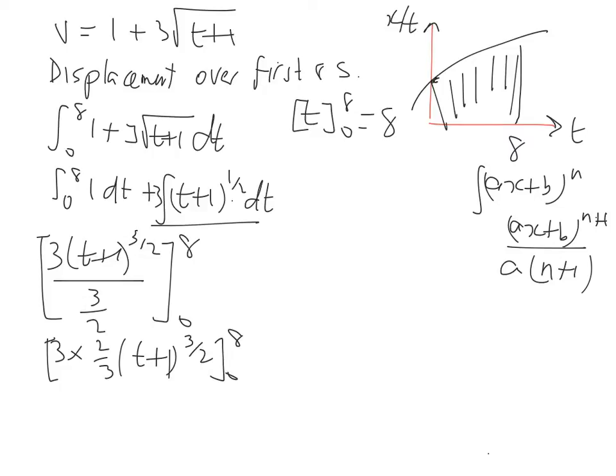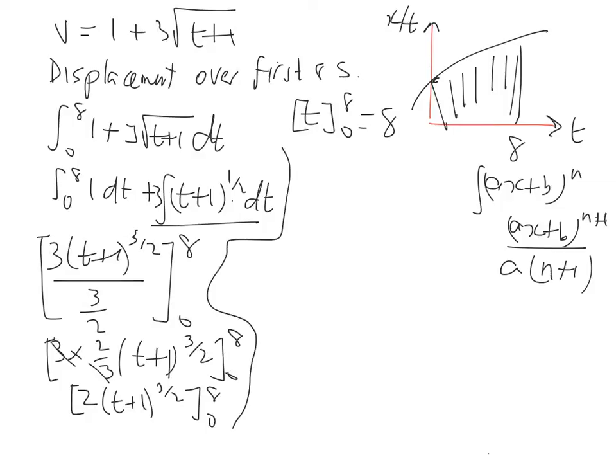So from here, the 3's will cancel, so you've got 2 times t plus 1 to the power 3 over 2, between 8 and 0. I'm going to continue this just here, running out of space.